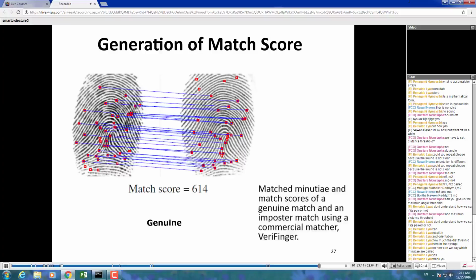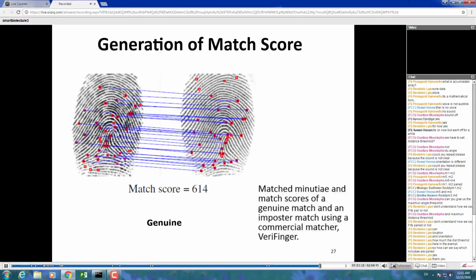Only a few minutiae are paired. So among, let's say, a set of 200 or 150, of course, this will result in a low match score, and the decision made by the system will be no match.